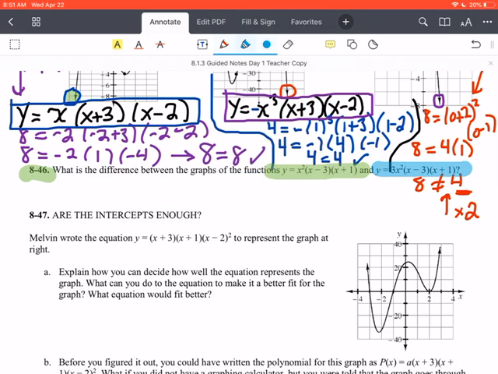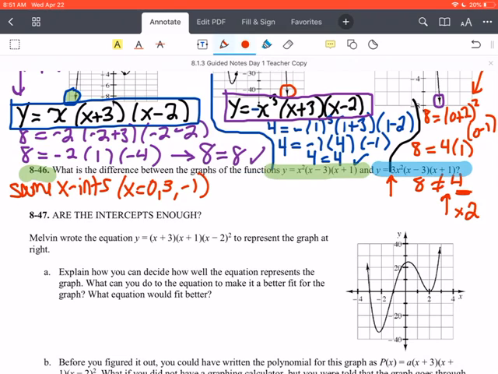Well, first of all, let's not focus on the differences. Let's focus on the similarities. The similarities are both equations have the same x-intercepts. What are the x-intercepts? The x-intercepts are 0, 3, and -1. What is the difference?